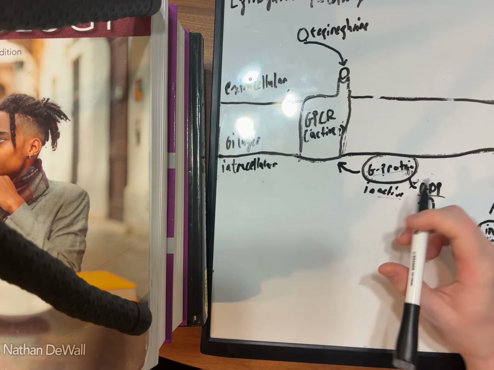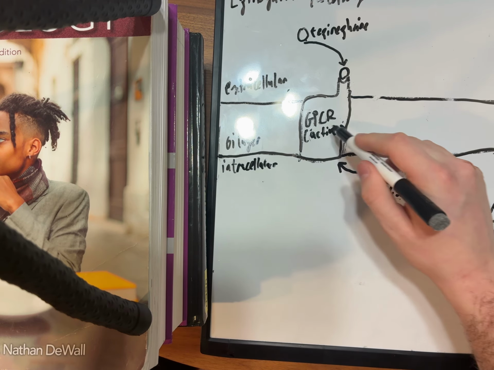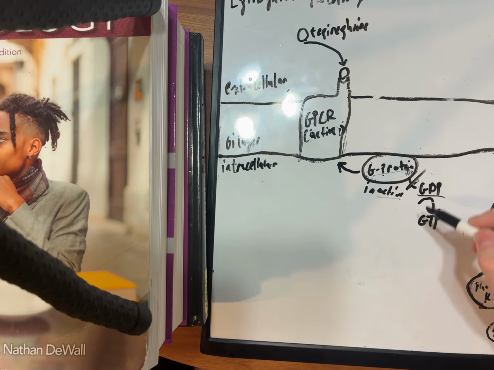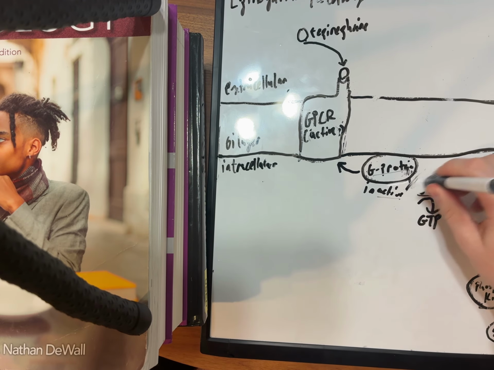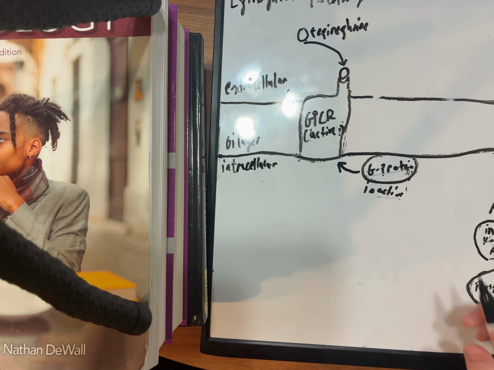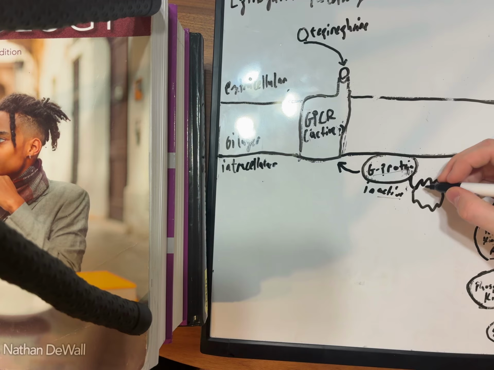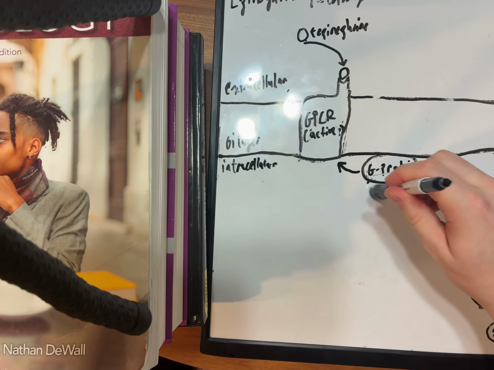So the G protein is going to go over here, it's going to interact with the GPCR, and it's going to drop its GDP, right? So it's dropping that GDP, guanine diphosphate, and it's going to pick up a GTP, which is going to activate it.